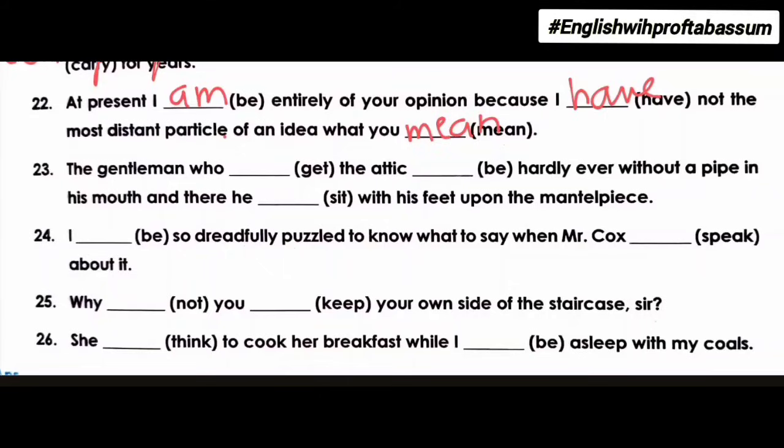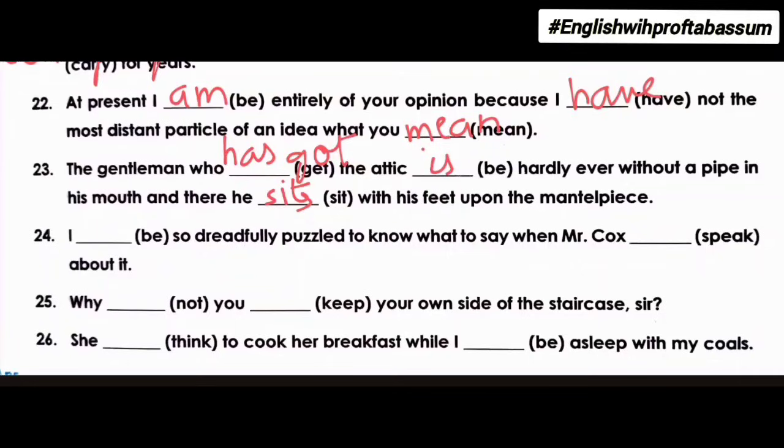Second blank, the be form will change to present tense, that is, is. Third blank, sit will change to sits because he is a singular subject. So the final answer is: the gentleman who has got the attic is hardly ever without a pipe in his mouth, and there he sits with his feet upon the mantelpiece.